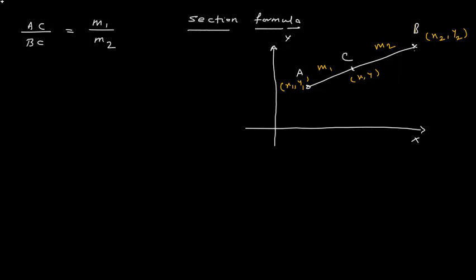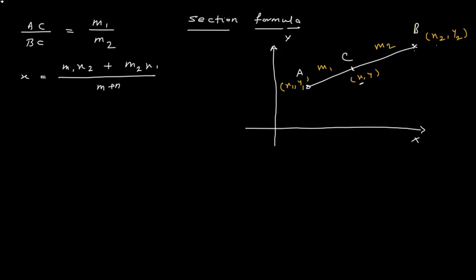Okay, so what we are finally going to derive is x is equal to m1 into x2 plus m2 into x1, divided by m1 plus m2.